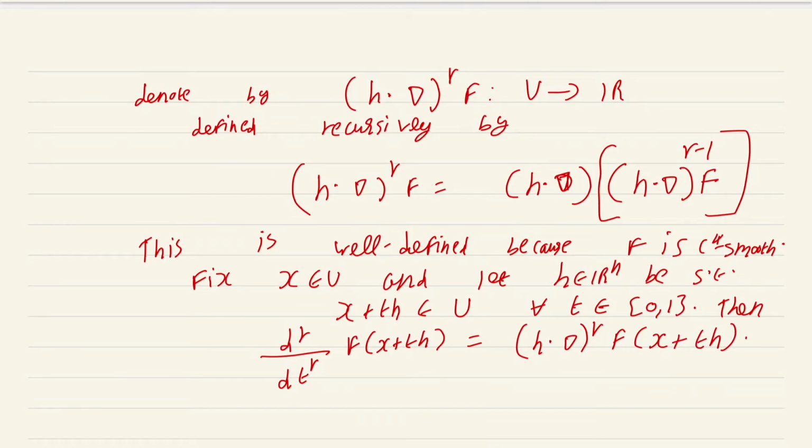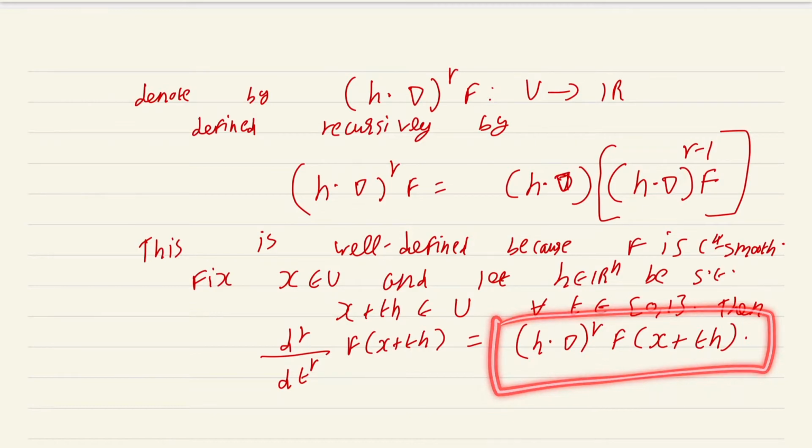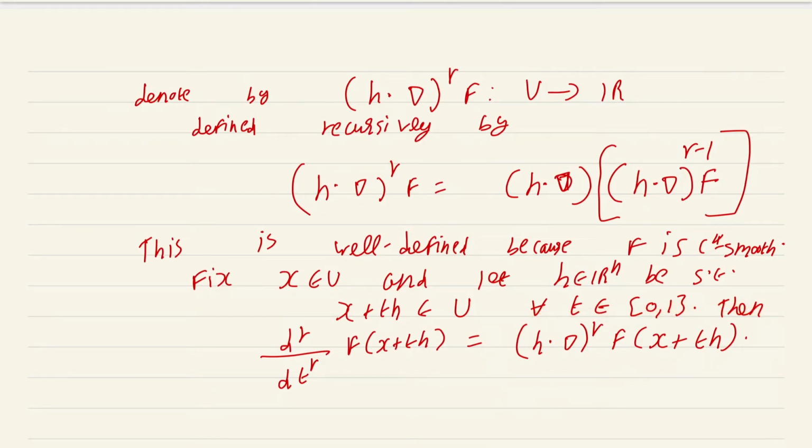Okay, so you can convert the derivative in t to taking derivatives with respect to this new operator h dot grad. Okay, let's prove this. The proof is not hard.